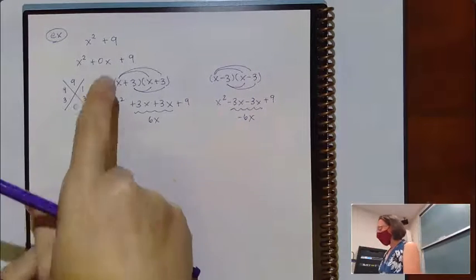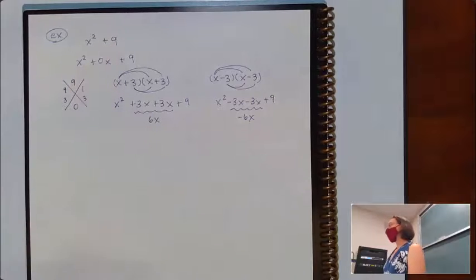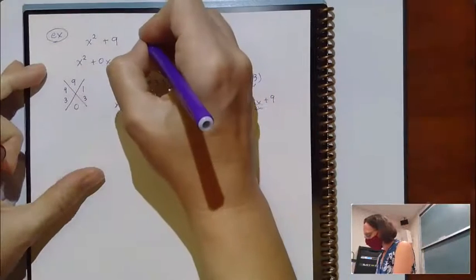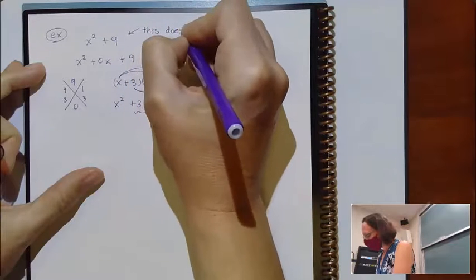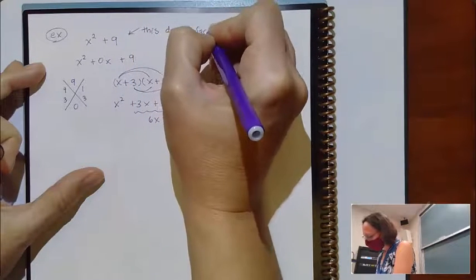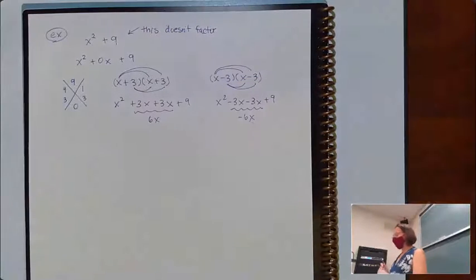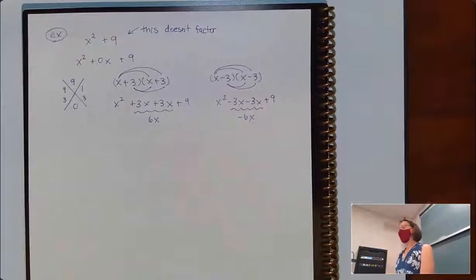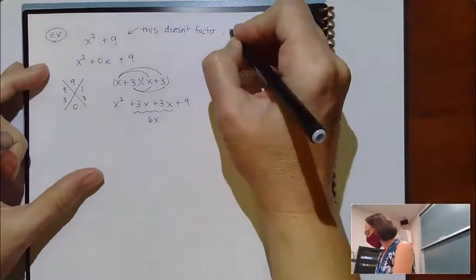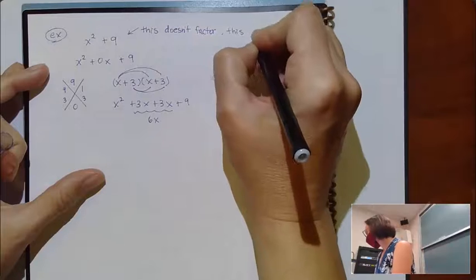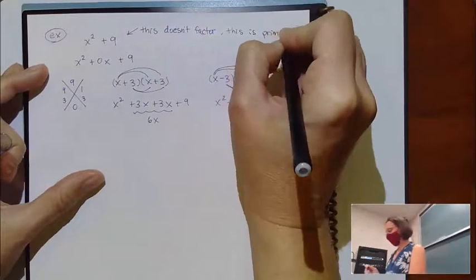So when I have the sum of perfect squares, it doesn't factor. We have a word for it if something doesn't factor. It's the same word that we use if they're numbers. So if it doesn't factor, we can say that it is prime, just like we talk about prime numbers.